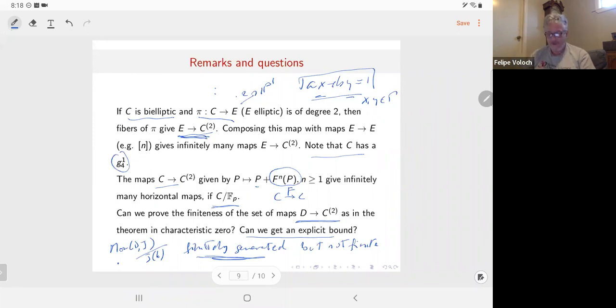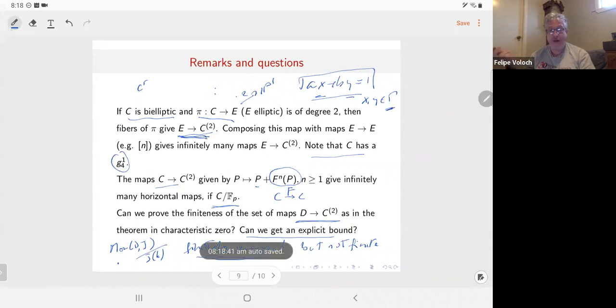And there are bounds for the number of solutions of these equations that have been proved in characteristic 0, which are sort of c to the r, for some fixed constant c. In one specific example, we have 19 to the power r, where r is the rank of this group gamma.